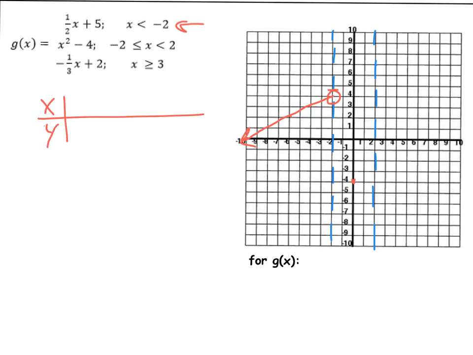I would use -2, -1, 0, 1, and I'm going to be very careful with 2, right? Knowing what kind of circle is going to go at 2. It's going to be an open one, right?